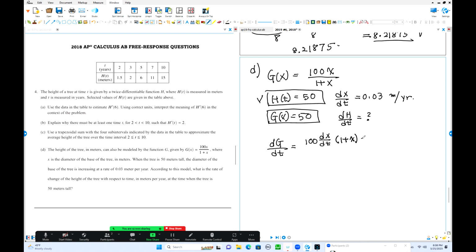For the second one, don't touch the first one, now take the derivative of the denominator. The denominator derivative is dx dt, okay? Over 1 plus x squared.